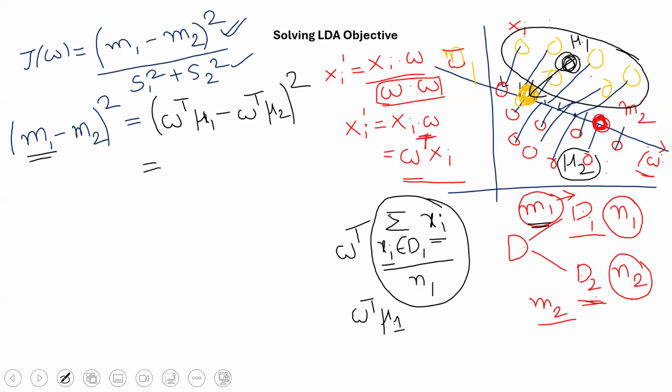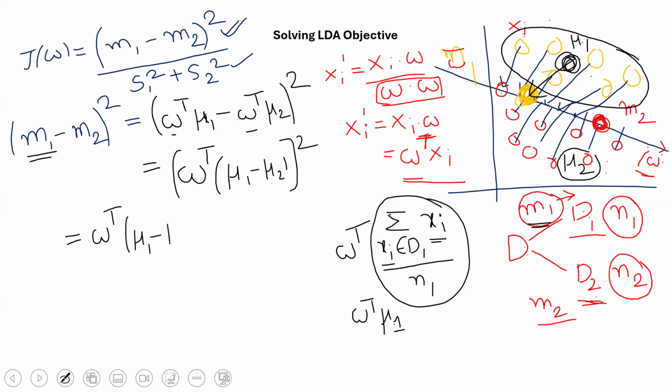So now if I take this W transpose as common from both these equations, this becomes mu1 minus mu2 whole square. Now I would like to write this in matrix form.